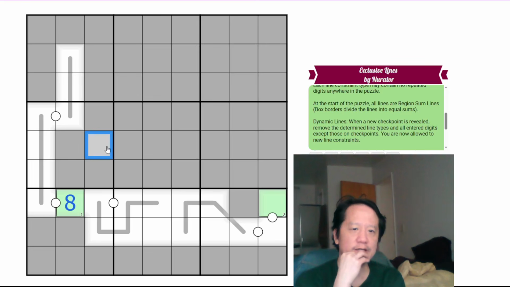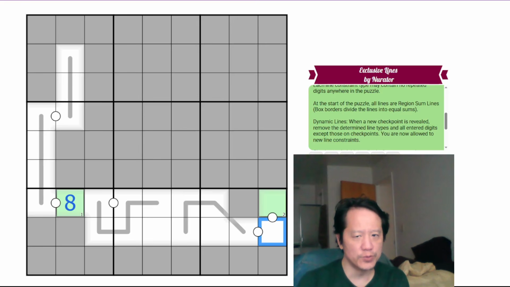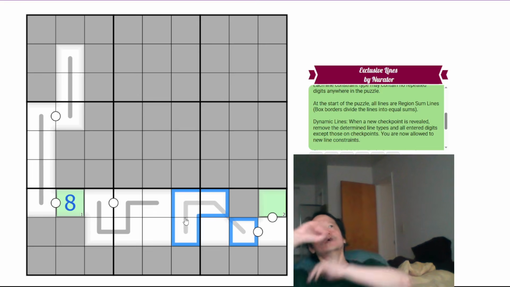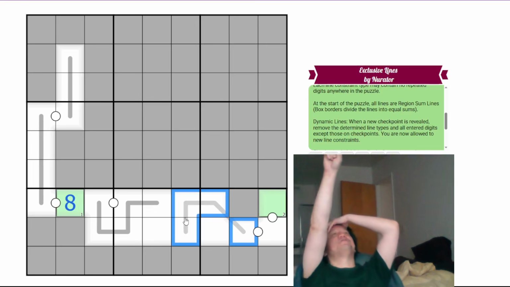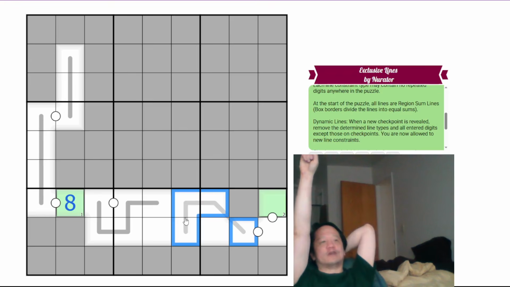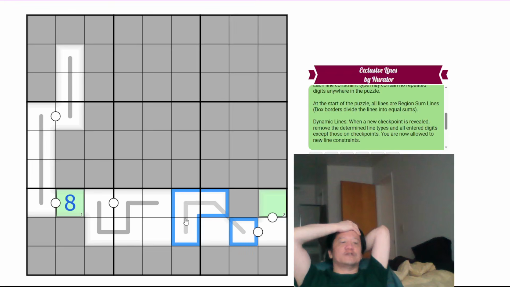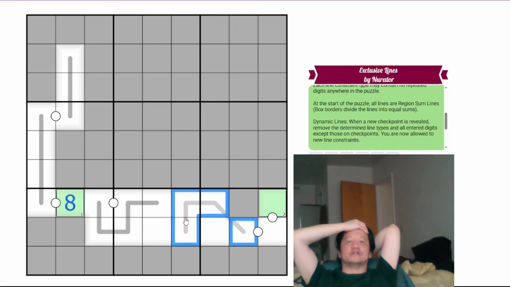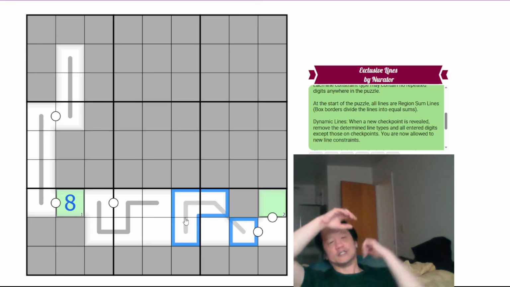So because of that, what do we know? These digits have to be 2 through 8. A region sum line or whisper 5 can never have a 5 on it, because if you subtract 5 or more from 5, you get 0 or less, which is not a normal Sudoku digit. If you add 5 or more to 5, you get 10 or more, which is not digits.